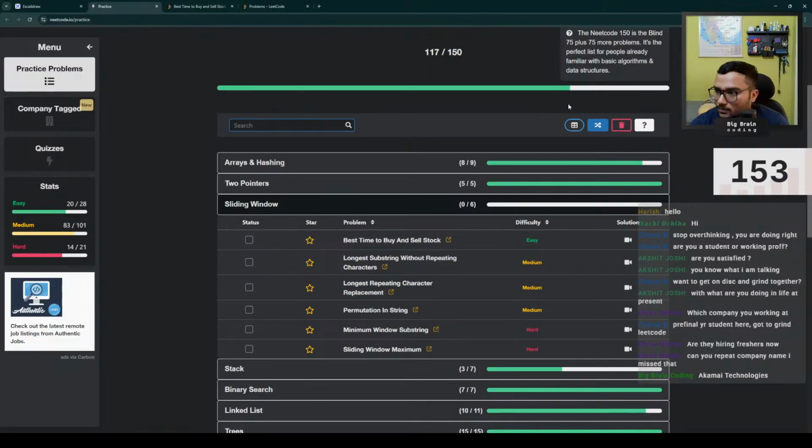Sliding window. Okay, someone is at the doorbell. I'll be right back, guys.